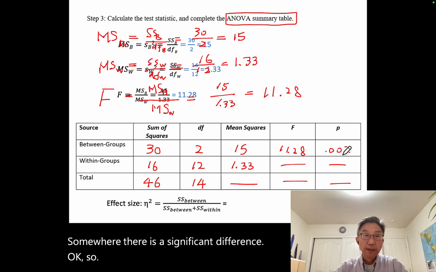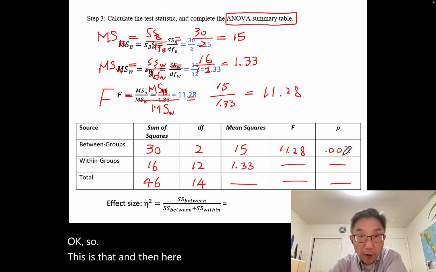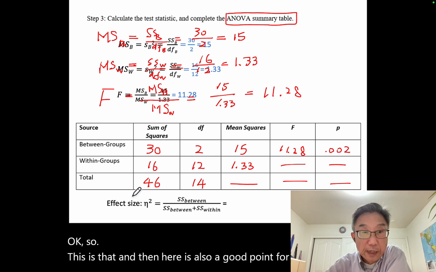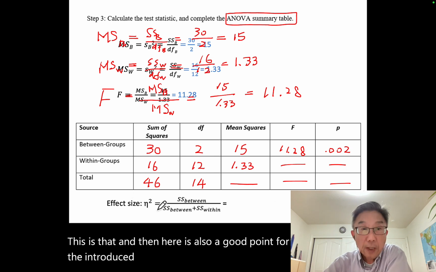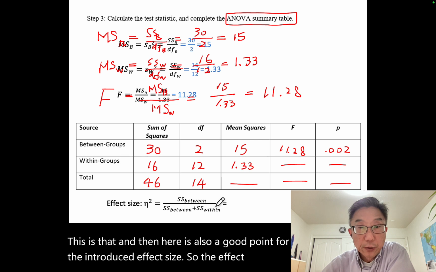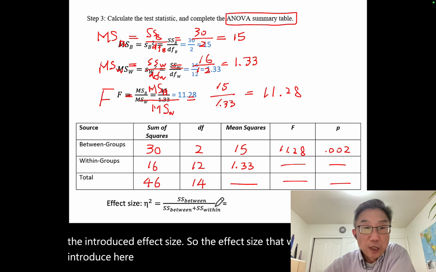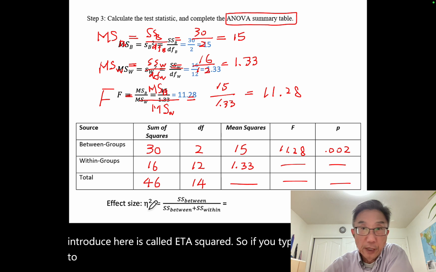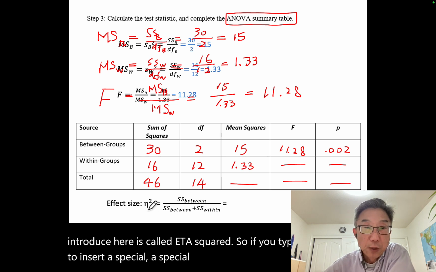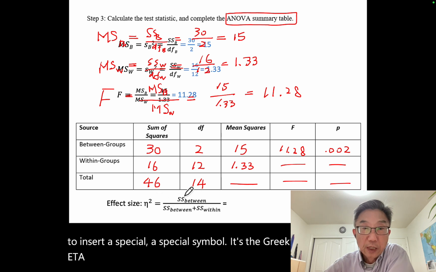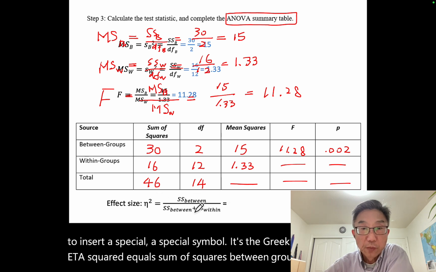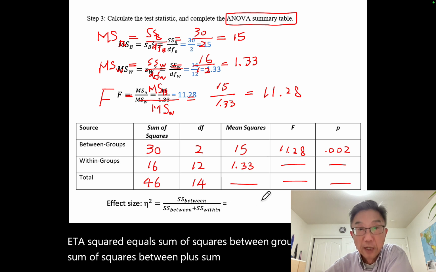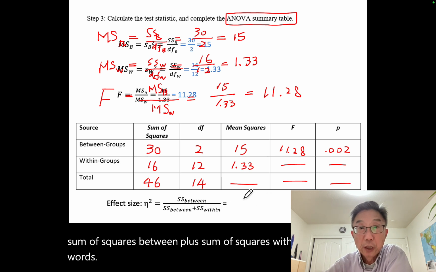Okay, and here is also a good point for us to calculate the effect size. The effect size that we could introduce here is called eta squared. If you type it up, you have to insert a special symbol, the Greek letter eta. So eta squared equals sum of squares between groups divided by sum of squares between plus sum of squares within, in other words, sum of squares total.